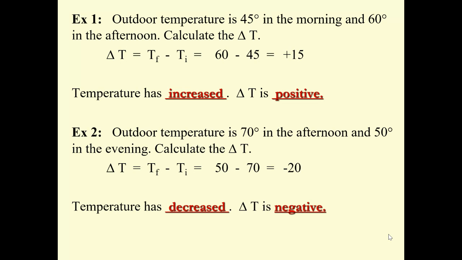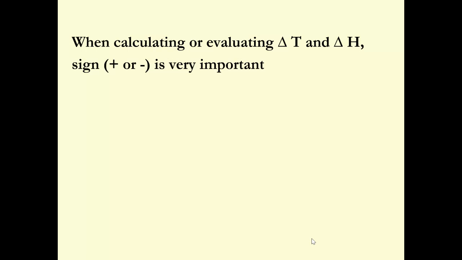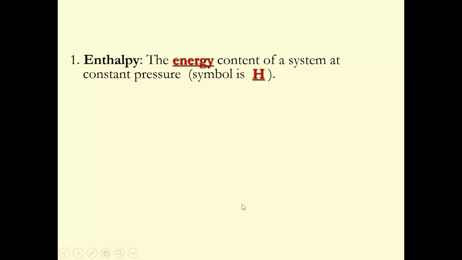So negative, we tend to think of a decrease as negative. If my bank account decreases, it is negative. So when calculating delta T, delta H, delta anything, the sign, plus or minus, is very important.